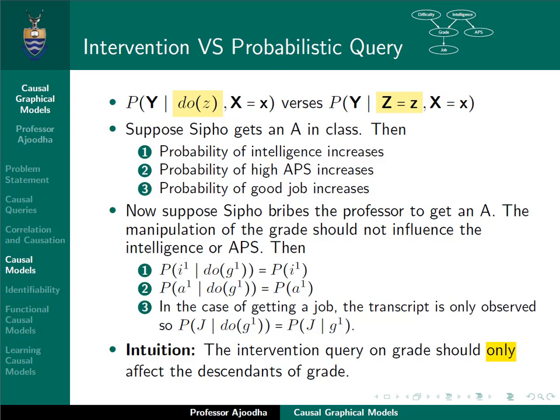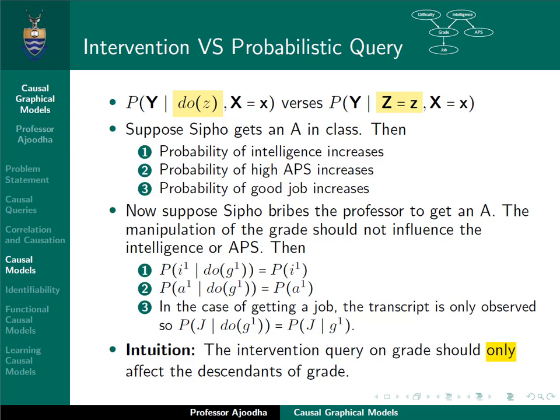But if we bribe the professor and they write down a grade that's not true, then it shouldn't change the parents, because the fact that the course was difficult doesn't change just because SIPO bribed the professor to get a grade. The intelligence of SIPO can't change because he bribed the professor to get a good grade. So the parents of grade should no longer be swayed by the grade changing.